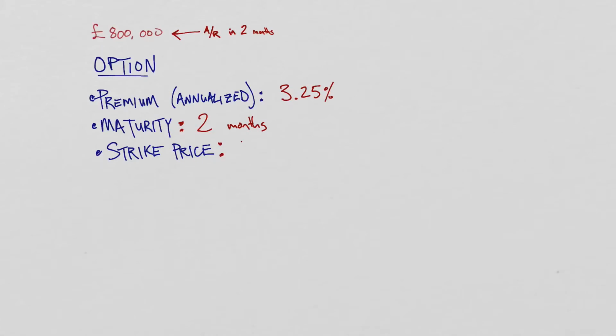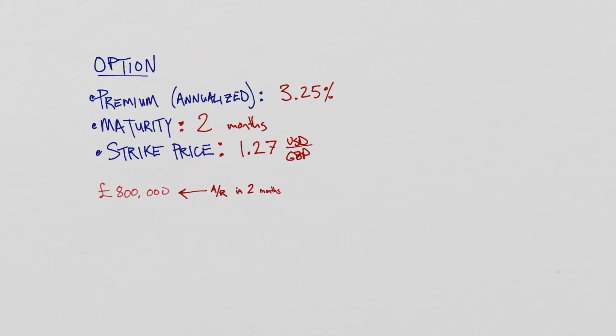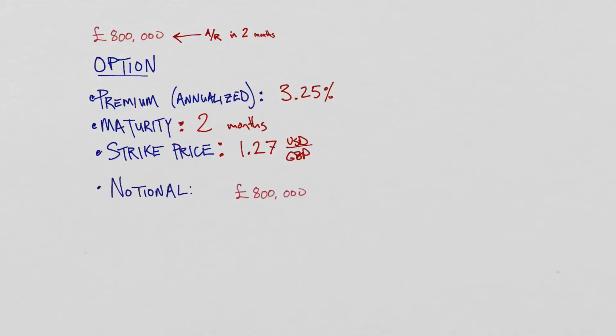Then if this is the amount that we need to hedge, the 800,000 pounds, then if we want to hedge perfectly, this should be the amount of options that we actually purchase. So our notional is that 800,000 pounds. And to calculate the cost of this option then, we'll take that notional amount, multiplied by the annualized premium, but de-annualized to reflect the fact that this option is not for a year, but for some maturity less than a year.